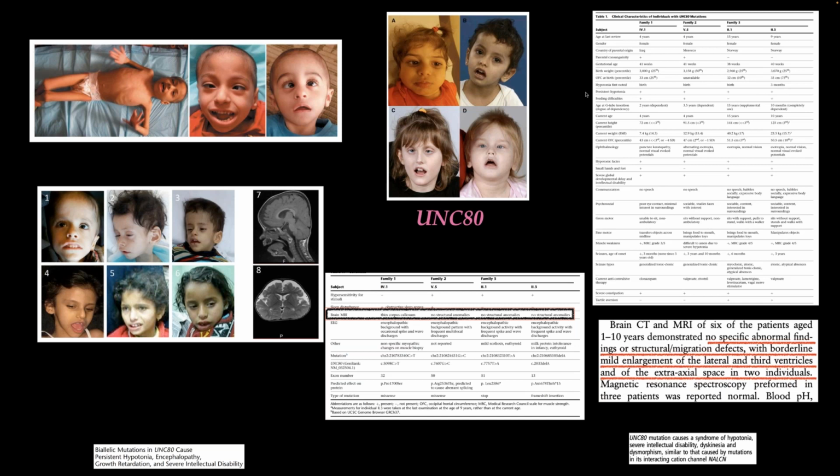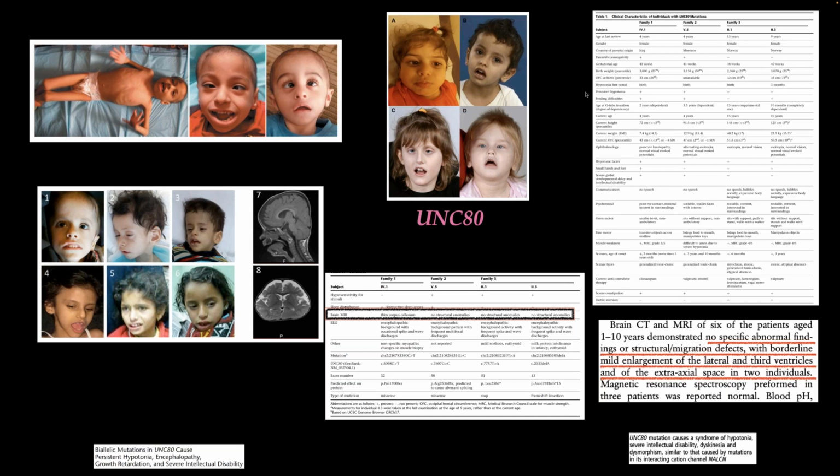She has corneal clouding, which is not explained in the UNC80 literature, and she has a stroke-like presentation, again not explained by this genetic mutation. Only the characteristic faces match, but none of these babies have corneal clouding, even though their faces and teeth crowding were there, and she has mild hypotonia.